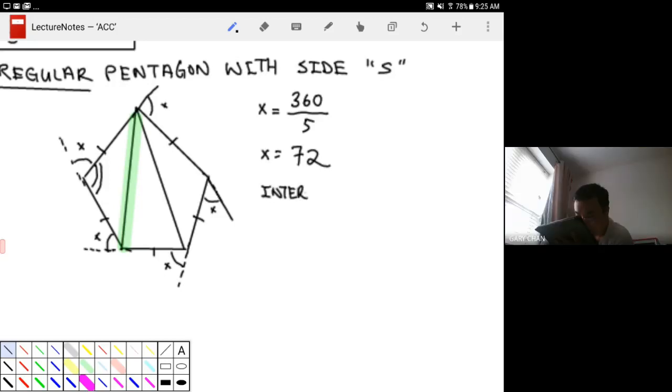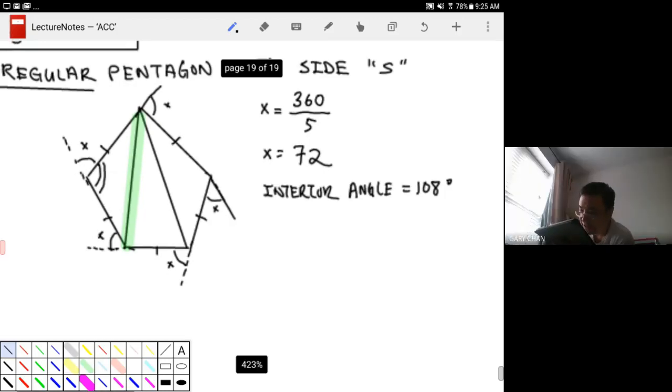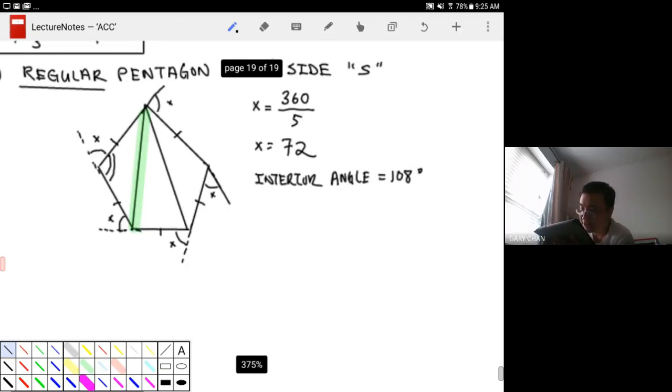That's right. So the interior angle will equal 108. So this is not a right triangle here. That's why making that construction can actually complicate the situation a little more.